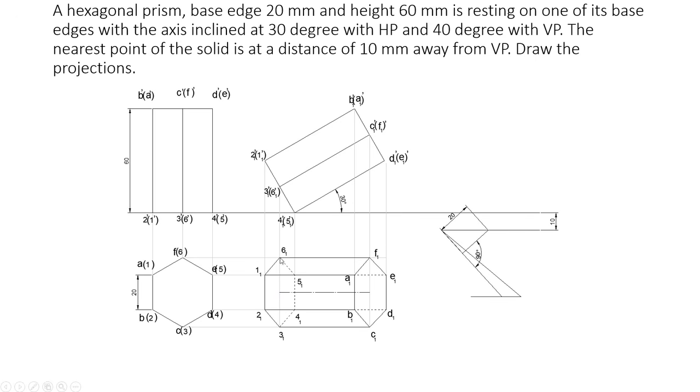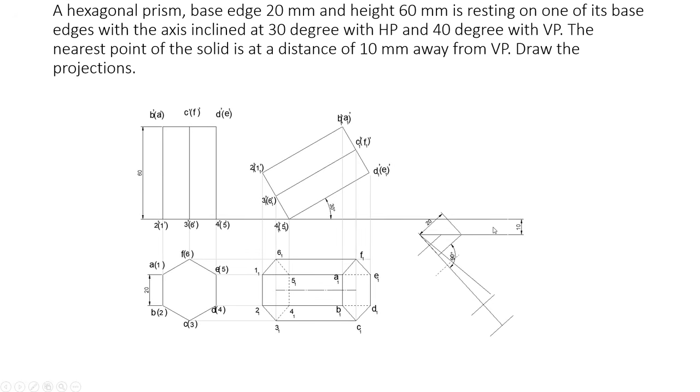That distance you are getting as 20 mm. So from here you mark 20 mm like this, perpendicular to this 48 degree line at 90 degrees. You want to draw a line perpendicular to this line, having length 20 mm.